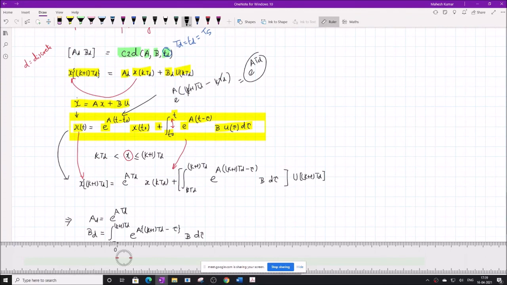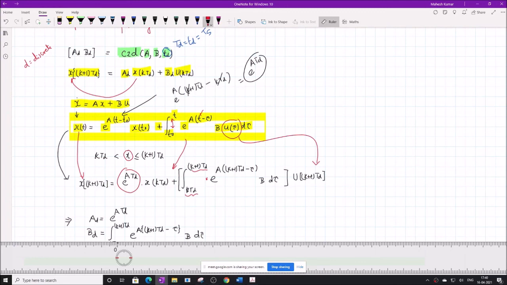So this becomes e to the power a td into x k td, because t0 is k td, plus the integral from t0 to t. Now t0 is k td and t is k plus 1 td, the next sample, and this duration is very short. So this into e to the power a into k plus 1 td minus tau, b u tau. Now since the time is very short, this remains constant, so I can take it outside, and b u tau remains inside.